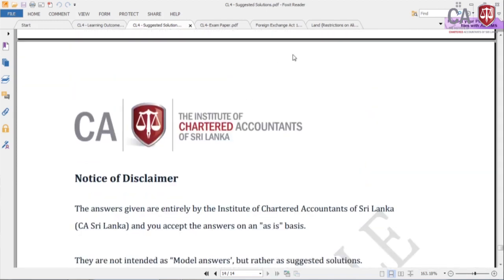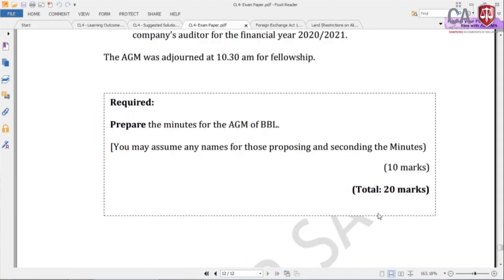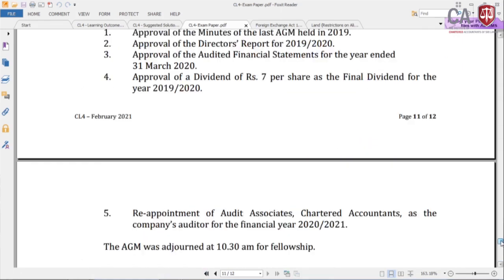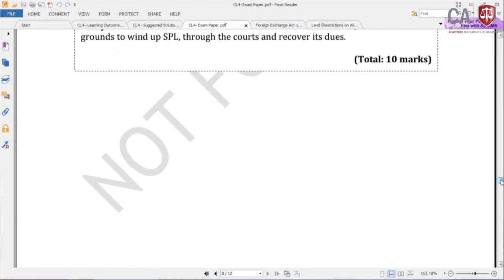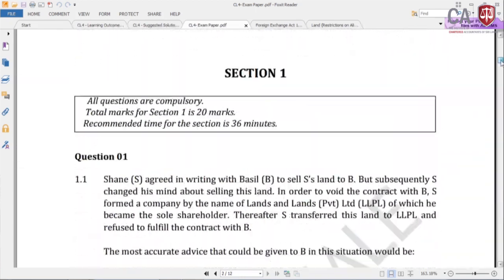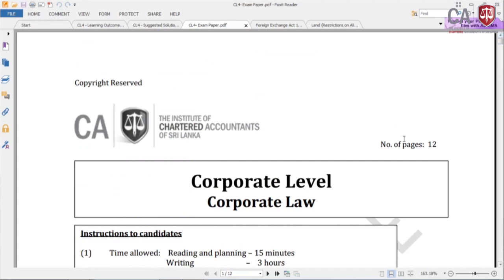So this is how you need to answer your question paper. I advise you all to revisit this paper and find out what the very basic elements are that you need to answer.